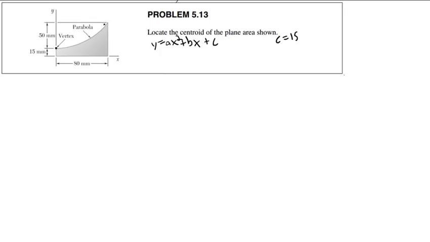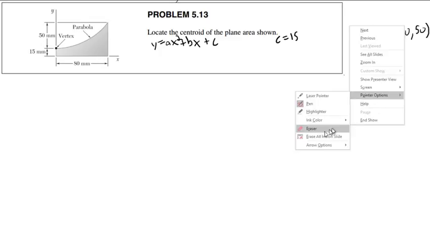Then let's say, what else could we do? Well, we have 2 points that we know. What if I use the points 0, comma 15, and 80, comma 65.